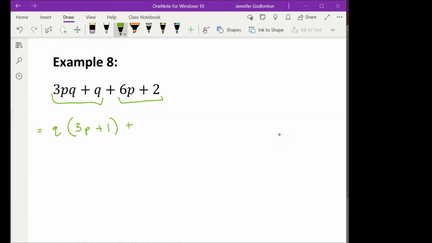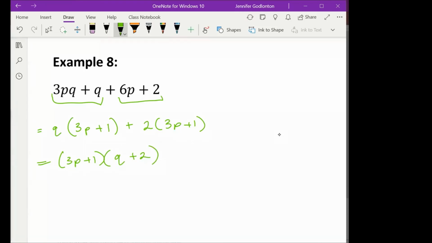Bracket, 3P plus 1, close bracket. Then at the bottom, you say 3P plus 1, close bracket, open another bracket, K plus 2, Q plus 2. Beautiful. Excellent. Nice job, Canva.